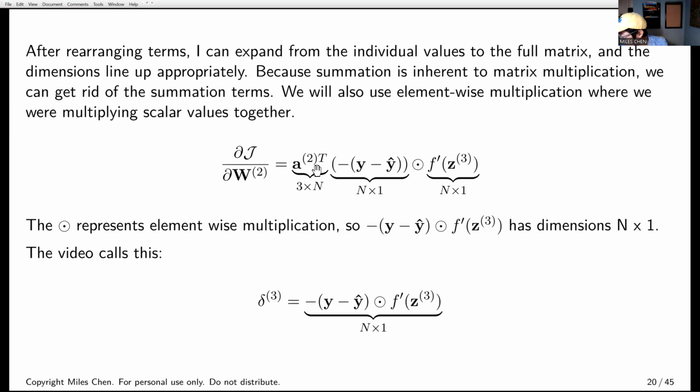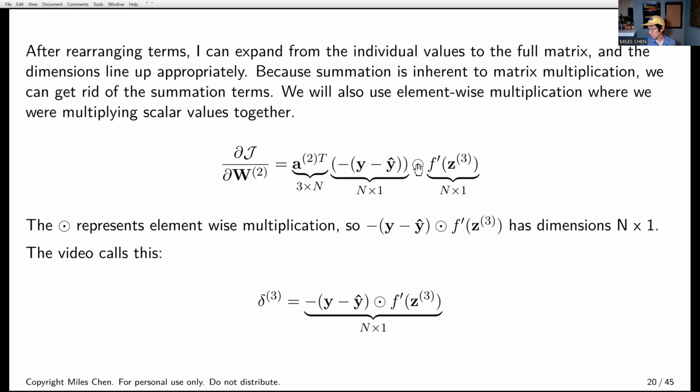So here we have A transpose, our entire A matrix, and when I transpose, I have 3 rows and n columns. Then I can matrix multiply that with y minus y hat, which is n rows and 1 column, and I've got all of these z values, n of them in a single column.